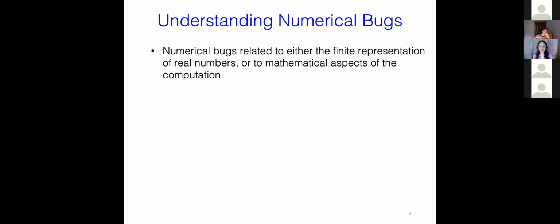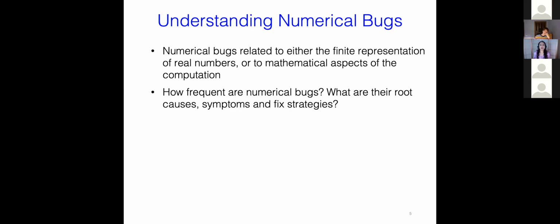So first, let me motivate some of this work. We're going to be talking about numerical bugs. So what are numerical bugs? Numerical bugs are bugs related to either the final representation of real numbers or to mathematical aspects of the computation. So some questions that might arise are, how frequent are numerical bugs? What are the root causes, symptoms, fix strategies?